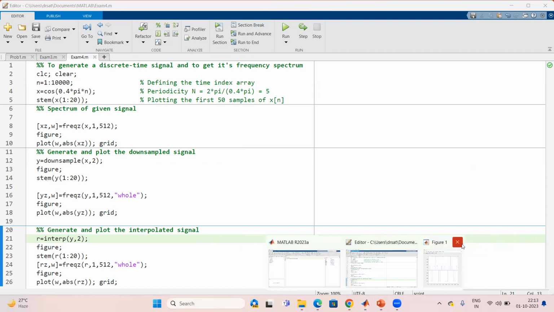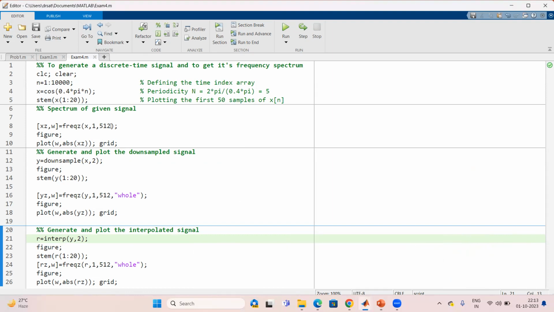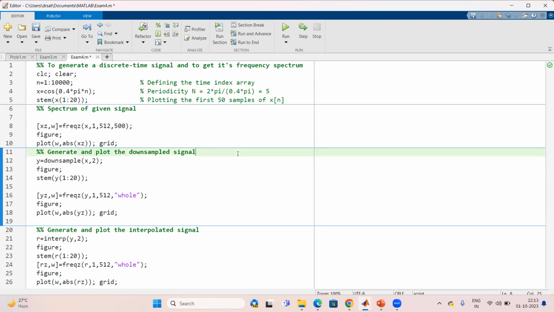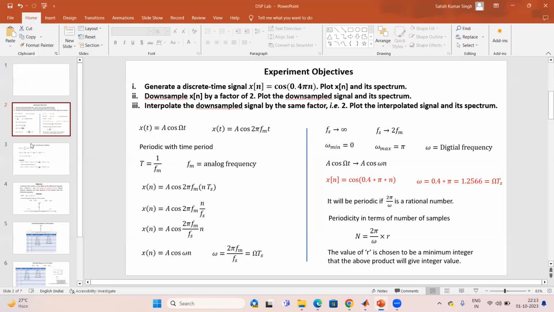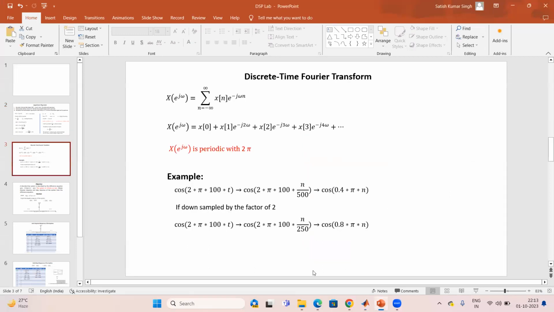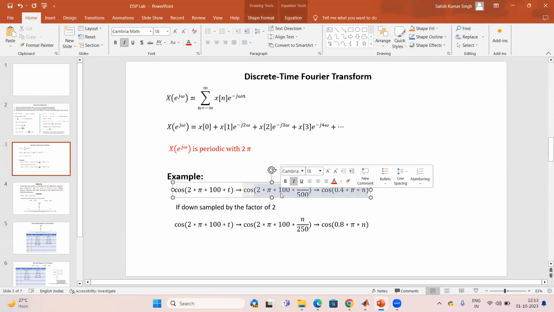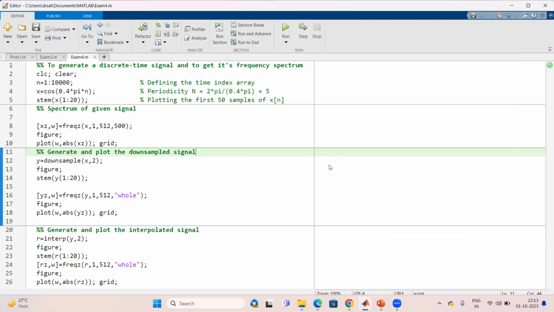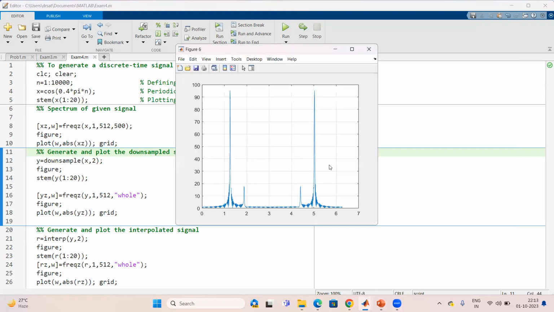To get that, write the sampling frequency value here. Let us say I write 500 hertz, and I have already solved this problem here. If you write 500 hertz as the sampling frequency, then this corresponds to an analog frequency of 100 hertz. If you execute this code, you can see this spectrum.